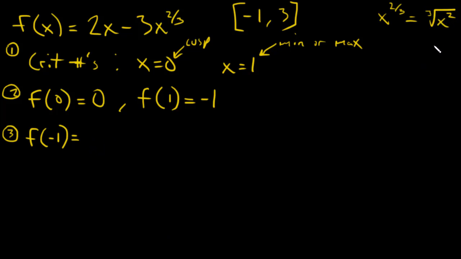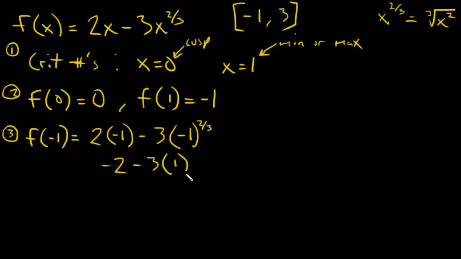Cube root of positive 1 is 1. So I wind up with a positive 1 for that. So this x to the 2/3, let me actually write all this out. 2 times negative 1 minus 3 times negative 1 to the 2/3. Well, that's going to be negative 2 minus 3 times, we said that's going to be a 1. So negative 2 minus 3, negative 5.